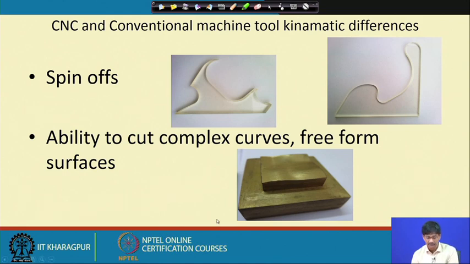What is this one? While these are two-dimensional jobs, this is a three-dimensional job showing definite ups and downs and a smooth surface on the top. So, we can cut 3D surfaces as well by computer numerical control without the help of any fixed hardware circuits or physical devices.